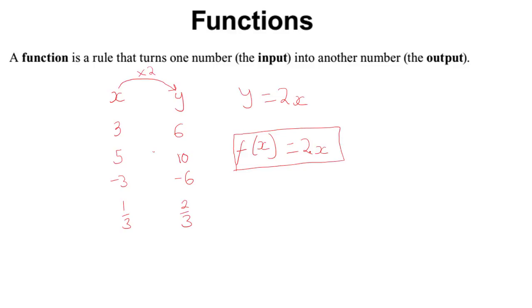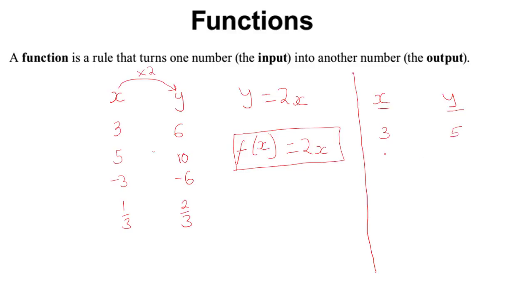Okay. Another function could be different. It could be a function that, say for example, just adds a number to the input. And here the input is basically what x is, and the output is what y is. So if I have, again, x, and then y there, then if I start with, say, 3, and I'm adding 2 to it, I'm going to end up with 5.